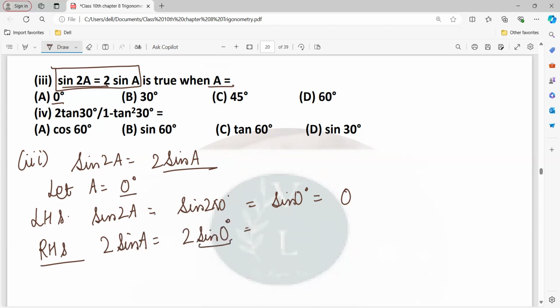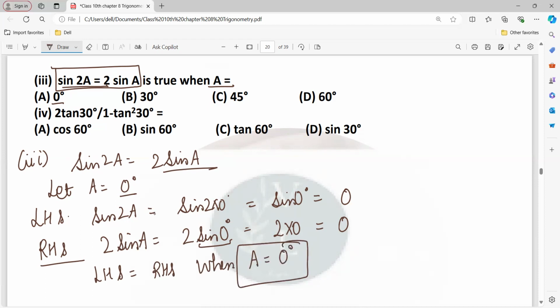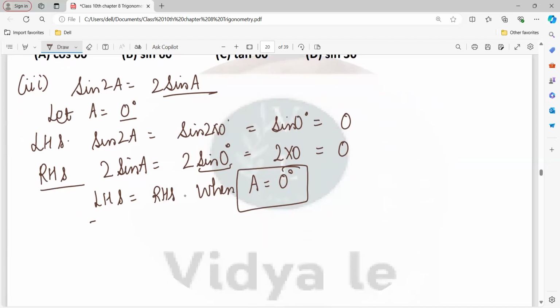Sine 0 is 0. So 2 times 0 is 0. So we can see the left hand side is equal to the right hand side when A is 0 degrees. That is, option A is correct.